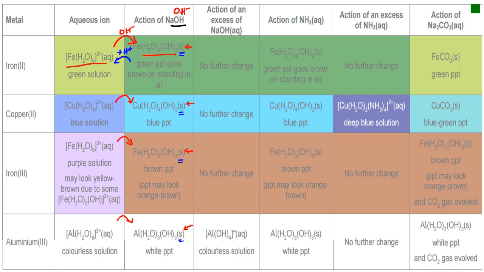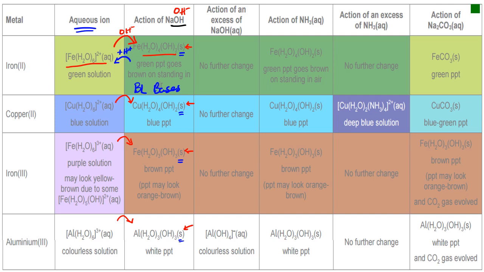Now the hydroxides, if they're accepting those protons, are acting as Bronsted-Lowry bases. So all these hydroxides are Bronsted-Lowry bases when they accept hydrogen ions and turn back into the aqueous ions.